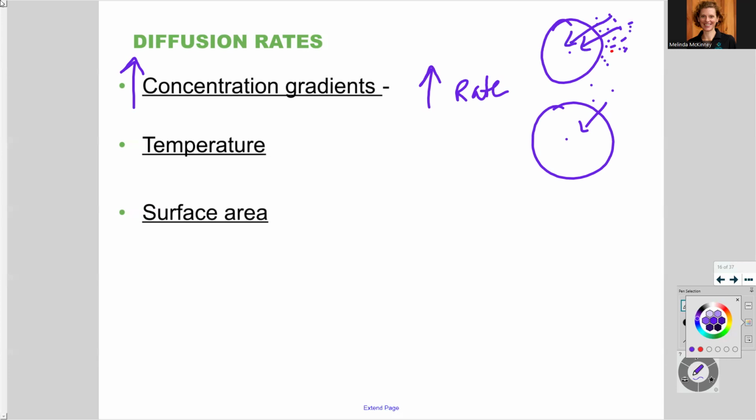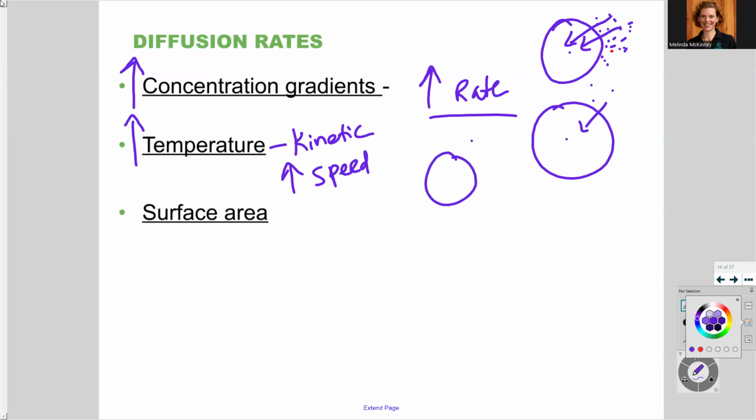So the higher the concentration gradient, the faster the rate. Also temperature. This is kinetic energy, right? It's how fast the molecules are moving. So a higher temperature is a higher speed of molecules. That means they're going to be bumping into each other a lot faster, so they're going to get in quicker.